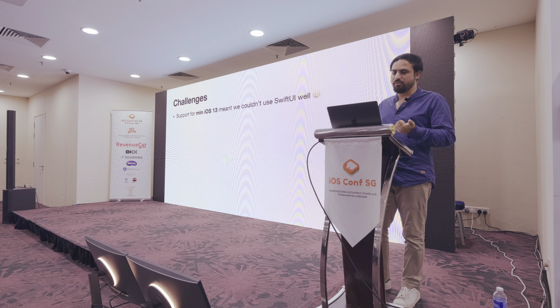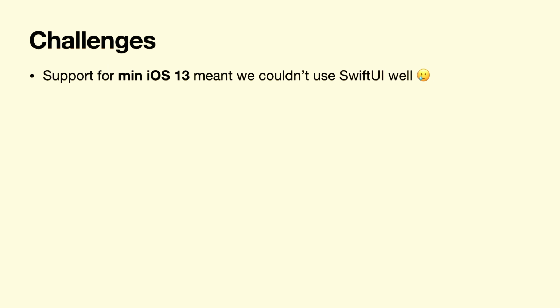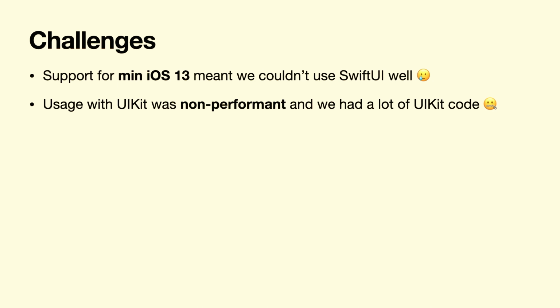Mainly, we had to support minimum iOS 13, which meant that we couldn't use SwiftUI as well. Also, given that we have a lot of UIKit code still lying around, we wanted the previews to be performant with UIKit. Also, a quick debugging made us realize that static libraries did not support previews.